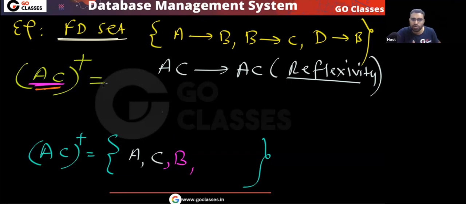So B will also come. What else will come? Can you determine D? No, you cannot determine D. So this is your answer.